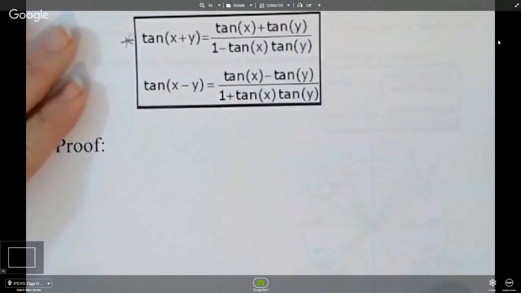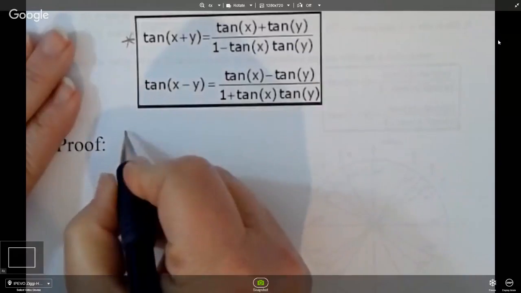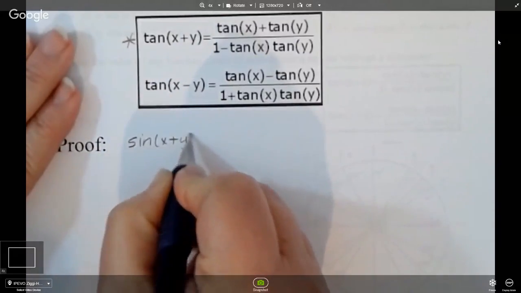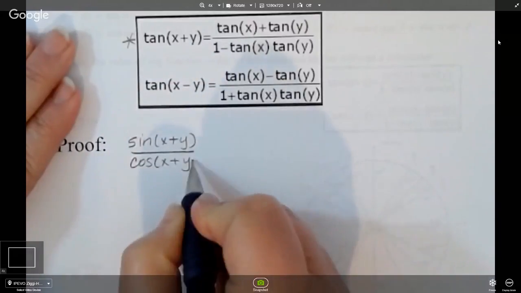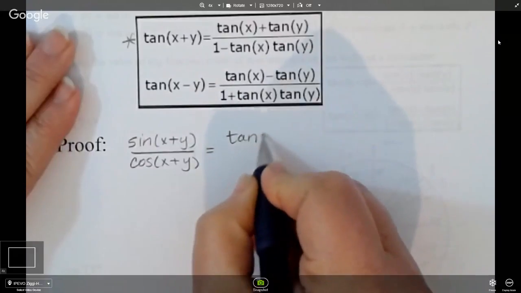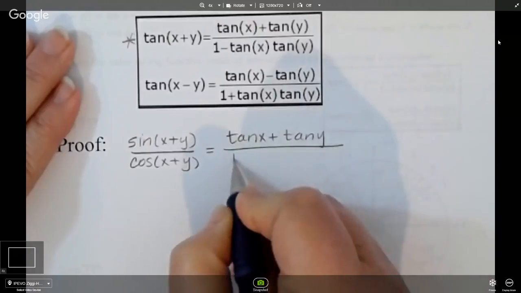We're going to start with what we know tangent is. Tangent of an angle is equal to the sine of the angle over the cosine of the angle. So I can say that sine of x plus y over cosine of x plus y is equal to, and I'm just going to copy this down for the first time here so we can see where we're going.